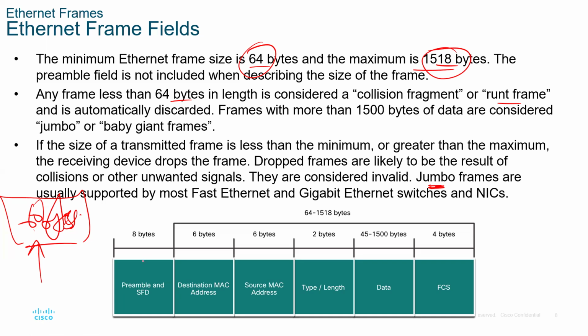Basically, these 8 bytes say this is the start of a new frame. If I remember very well, it's a continuous series of 10s, 10s, 10s. So if a device receives this information, it understands there is a new frame coming.